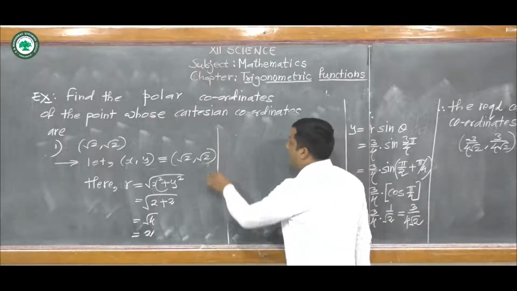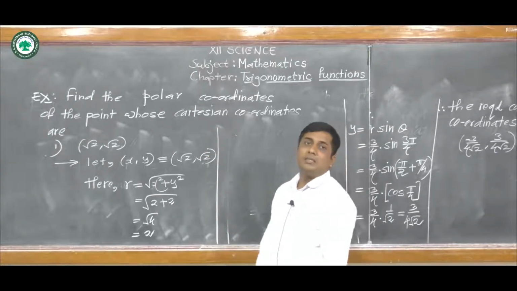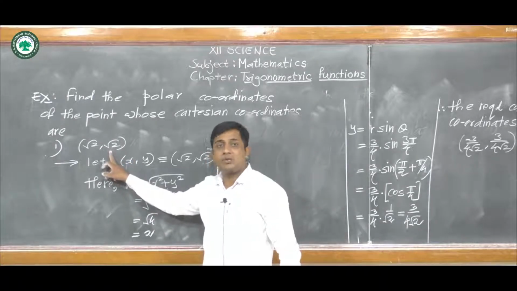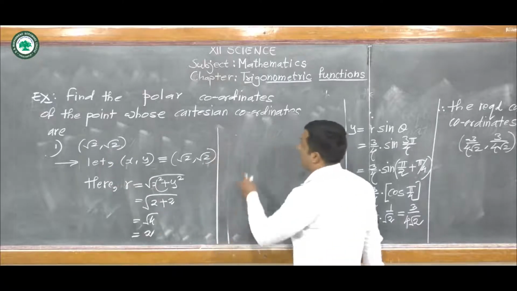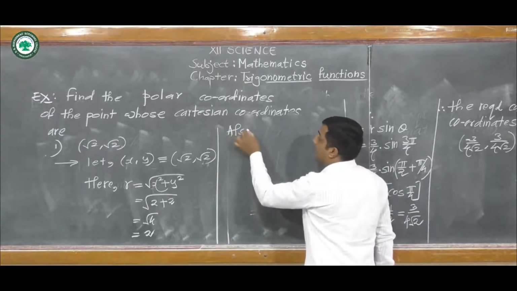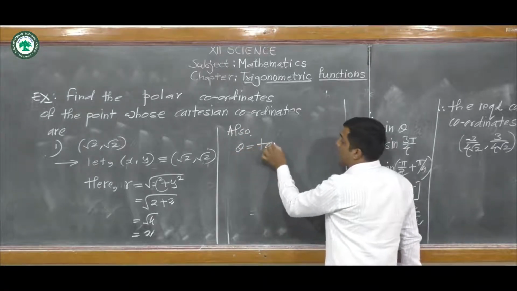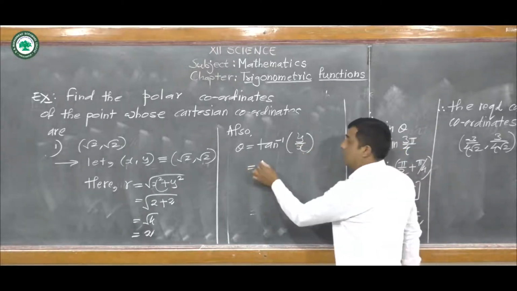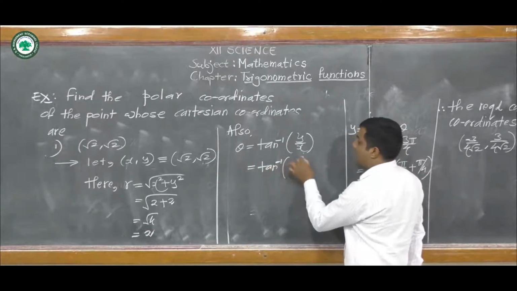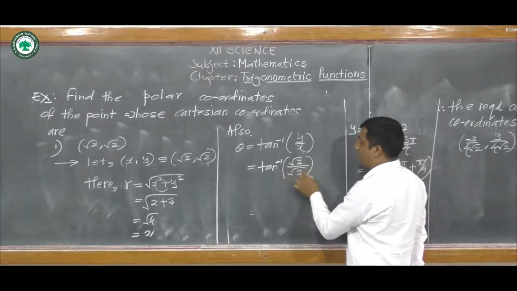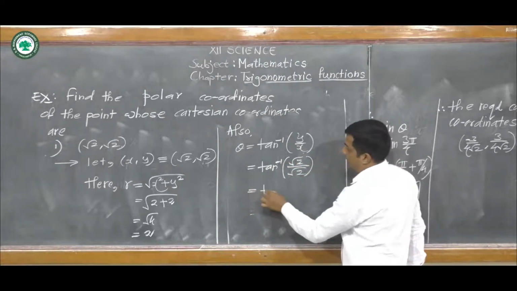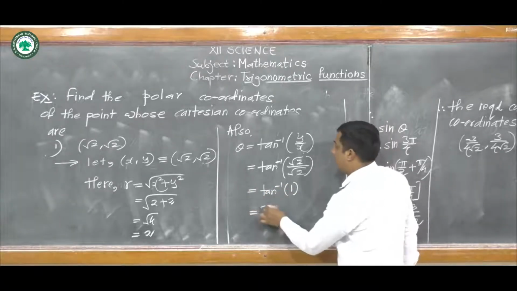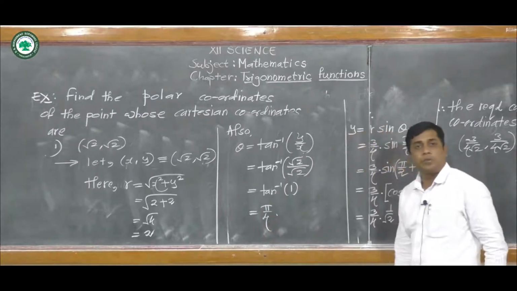Now next we have to find the vectorial angle, that is theta. Since our point is in the first quadrant, we find theta by using tan inverse of y by x, which is equal to tan inverse of, we know y is root 2, we know x is root 2, so this is equal to tan inverse of 1. And we know tan inverse of 1 is pi by 4.